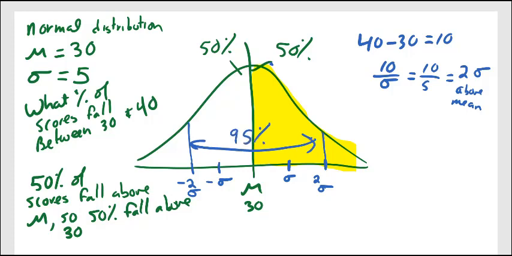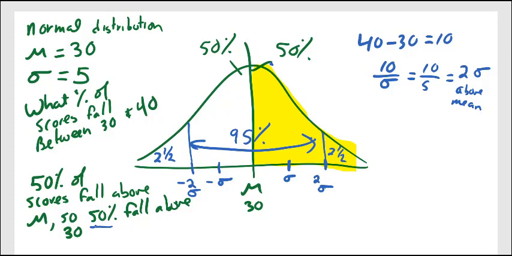All right, this is just like we did before. And so I'm not going to go through the calculations because we did them on the last example. If 95% is between, then I know I have 2.5% in this tail and 2.5% in this tail. Now, I already knew that all of the yellow shaded area was 50%. Okay, I had that over here.